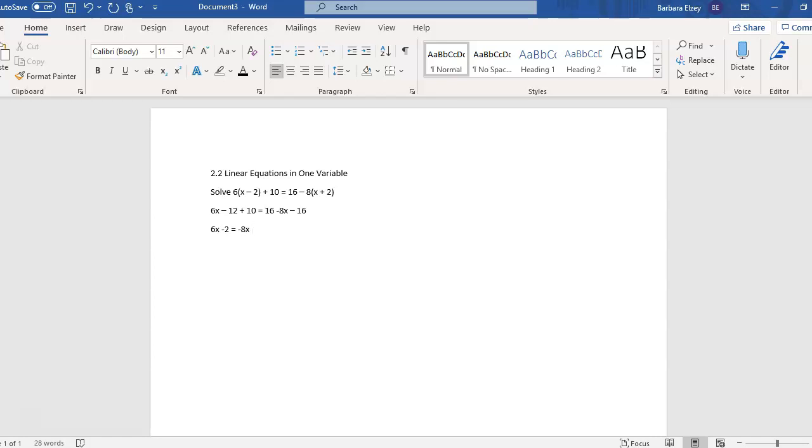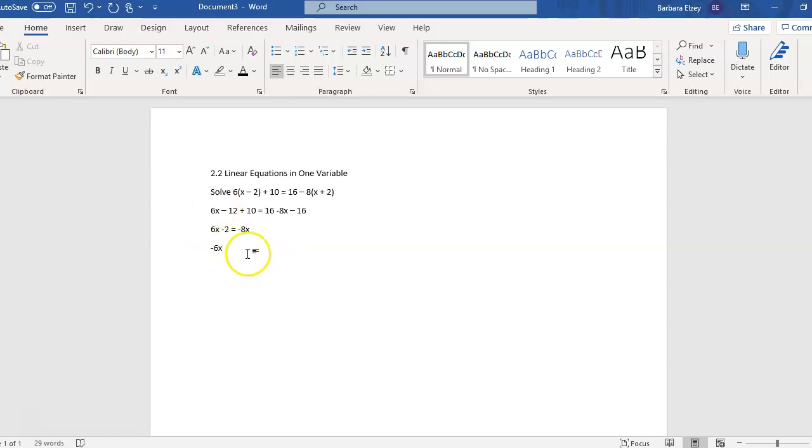Let's get our x's together on one side. And since there is a 2 over here with the 6x, the quicker route will be to take the 6x to the other side. Recall, to do that, we want to do its opposite on both sides. So I am going to, on both sides, subtract 6x.